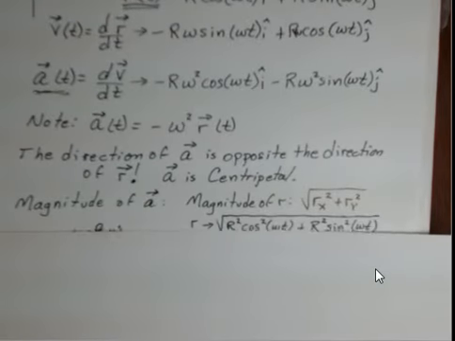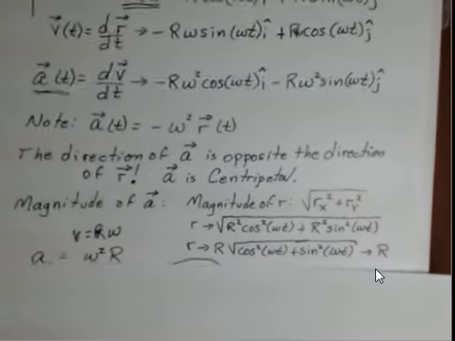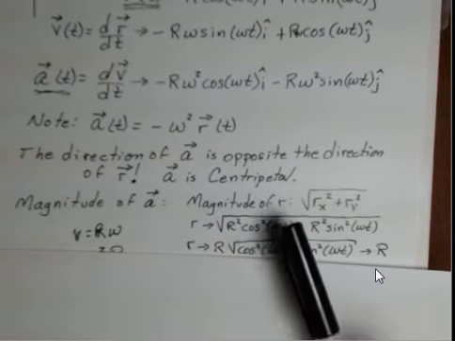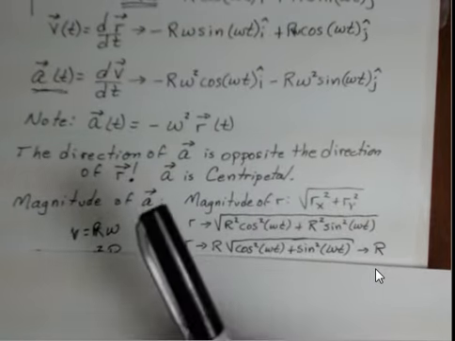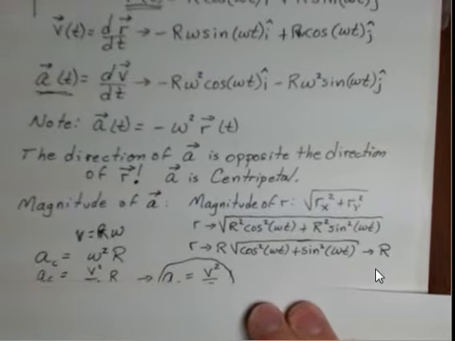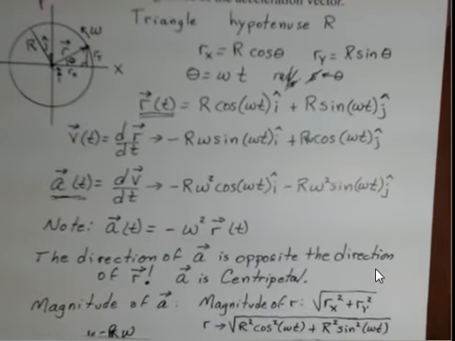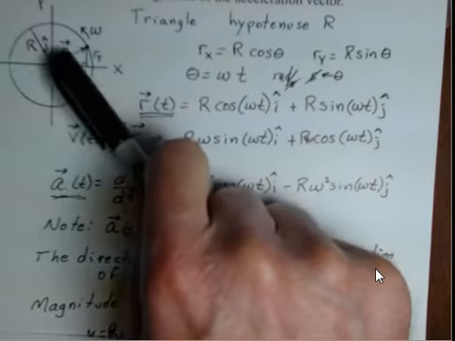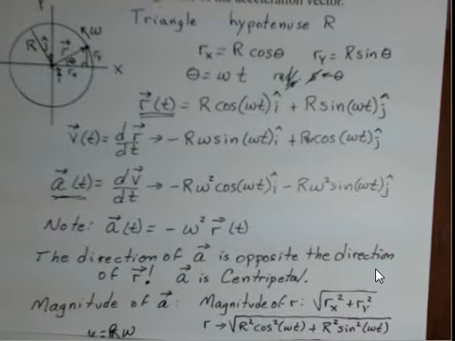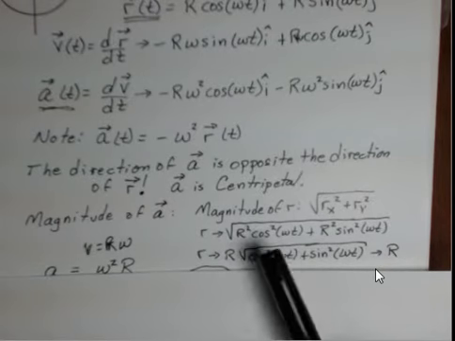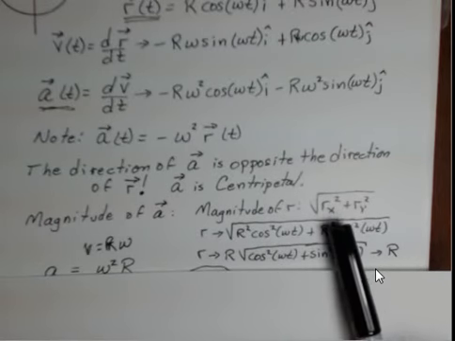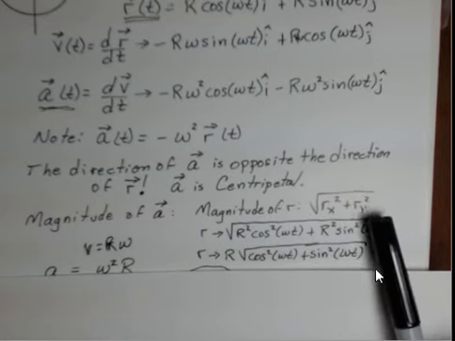What about the magnitude? Well, a little bit of side work. It's obvious from the drawing that the magnitude of the radius vector is always capital R. We're on a circle. But let's just confirm that here. R would be the square root of the x component squared and the y component squared.